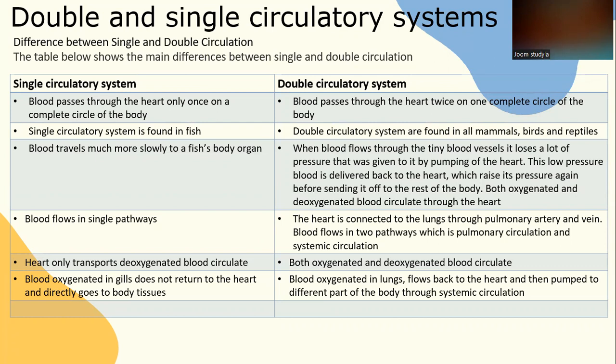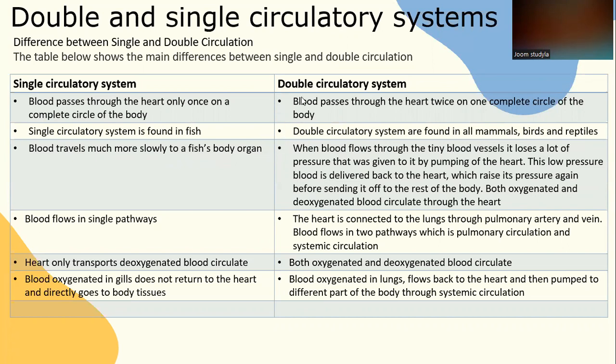In a double circulatory system, blood passes through the heart twice on one complete cycle of the body. The single circulatory system is found in fish, while the double circulatory system is found in mammals, birds and reptiles. In a single circulatory system, blood travels much more slowly to a fish's body organs.